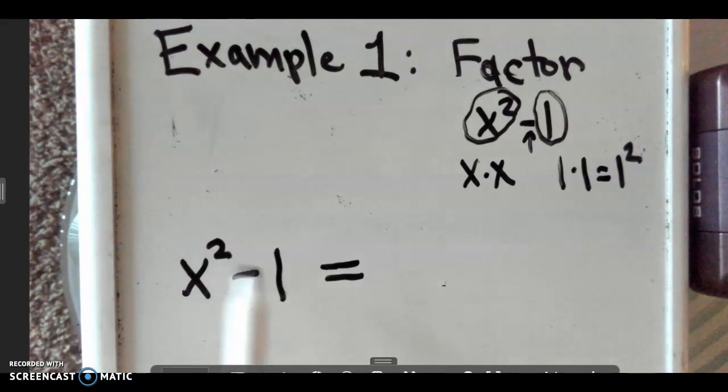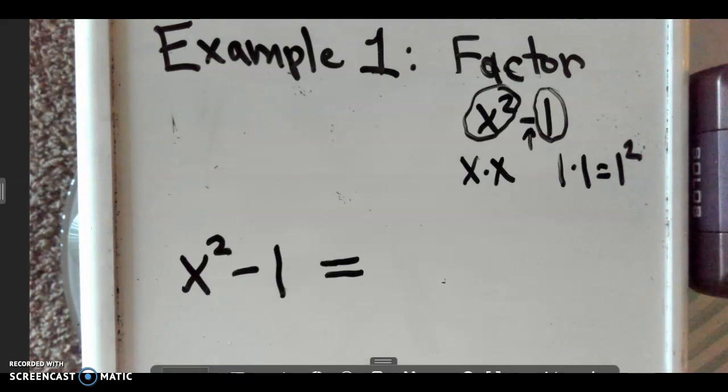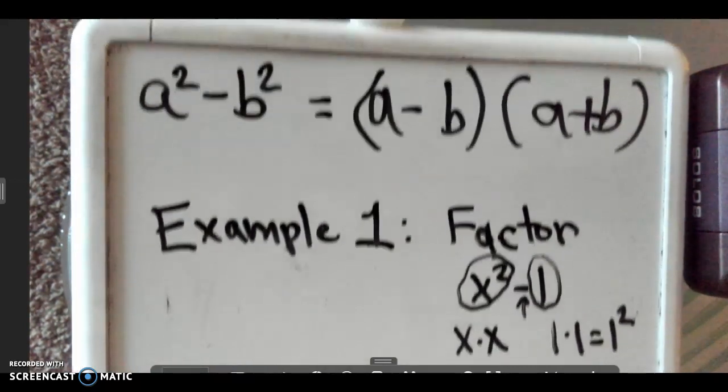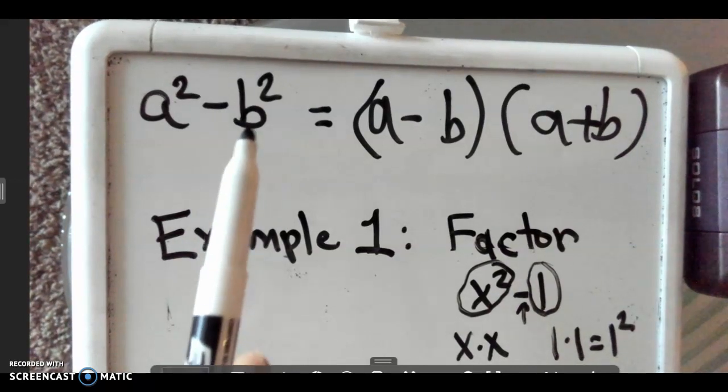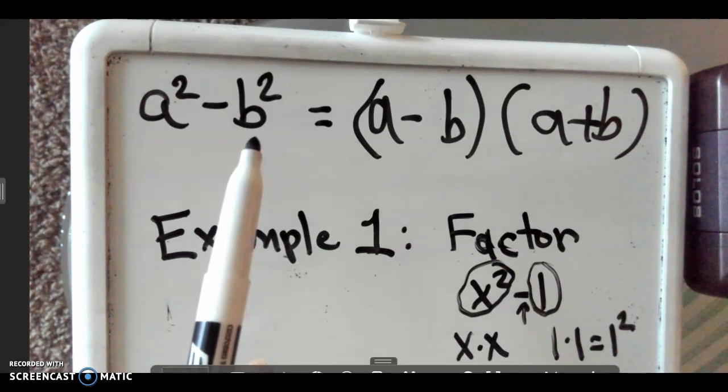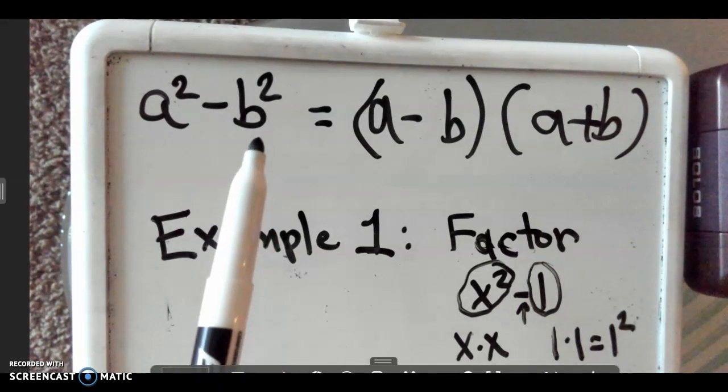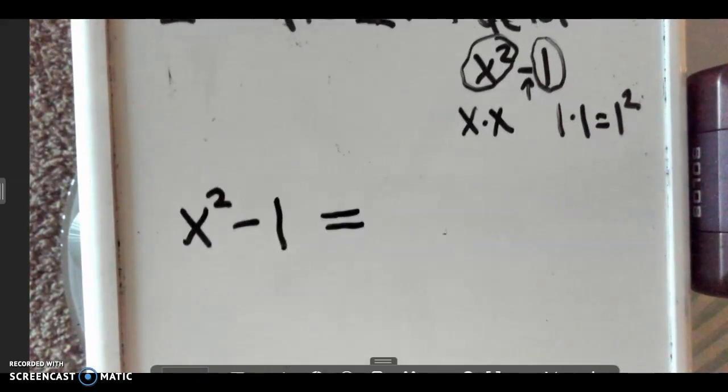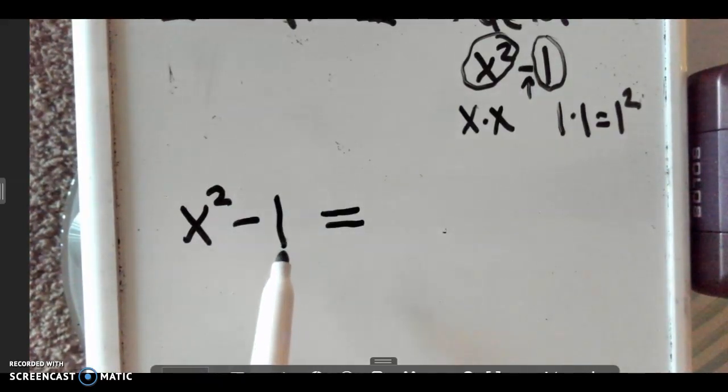That should be pretty easy to see because we have an x squared. So essentially x is our a if we're looking at the pattern. Then we have a b squared after the subtraction sign. So the 1 is going to represent the b squared in our actual problem.